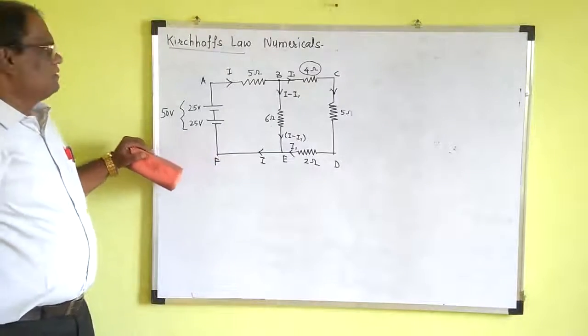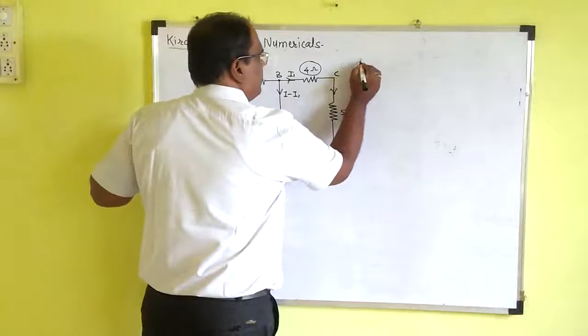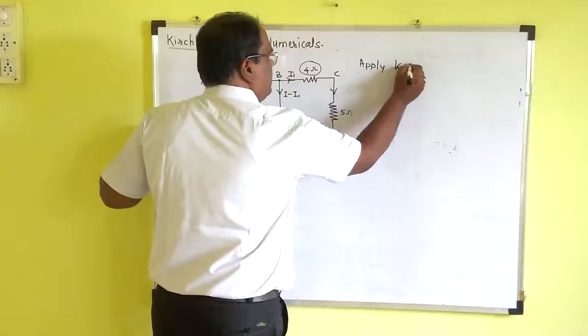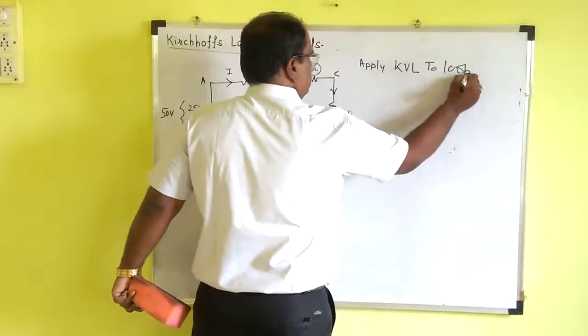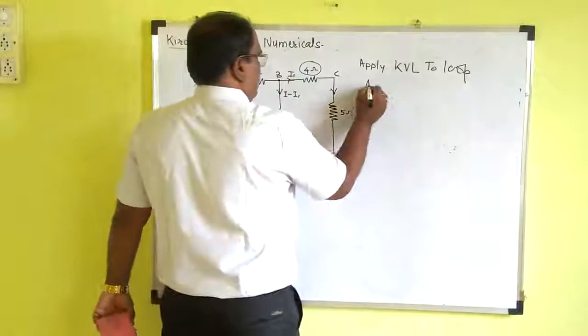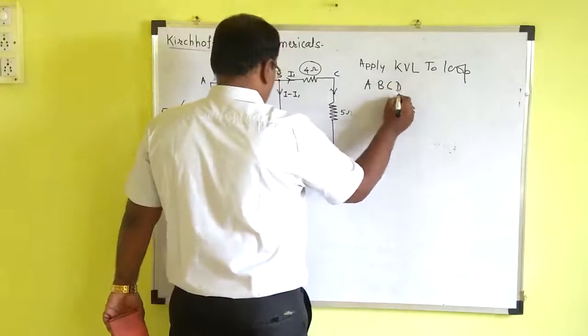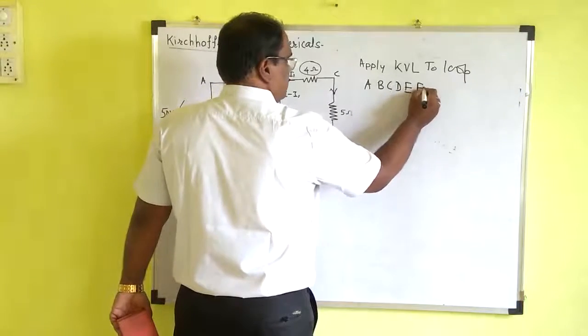For this, first consider the loop. Apply KVL to loop A, B, C, D, E, F, E.